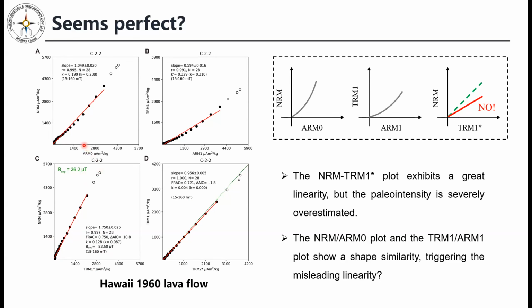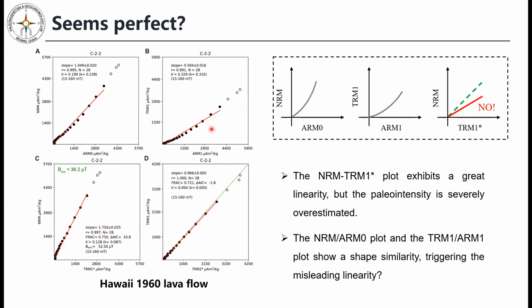One thing to be noticed is that its NRM versus ARM0 plot has a very similar shape to its TRM1 versus ARM1 plot. And this shape similarity will cause linearity in its NRM versus TRM1 correction plot.